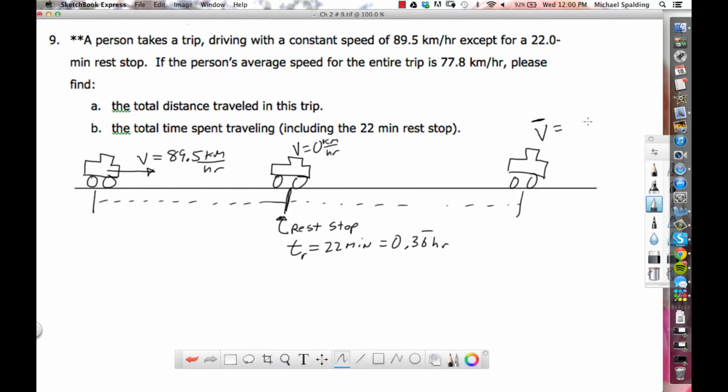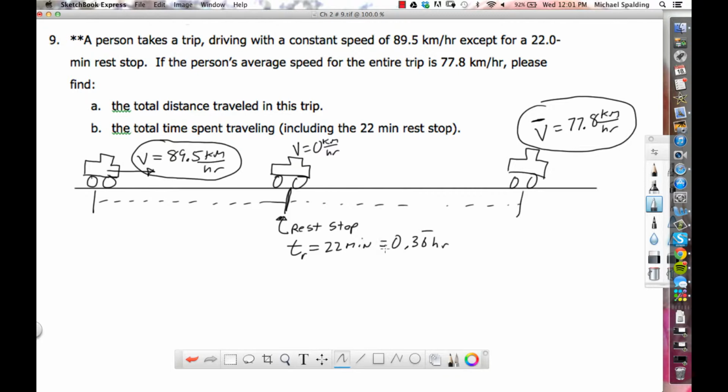The person's average speed for the trip is 77.8 kilometers per hour, which makes sense. The average velocity for the trip is less than the instantaneous velocity while driving because of why? Because of the rest stop, the person takes a break, and that lowers the overall average velocity.